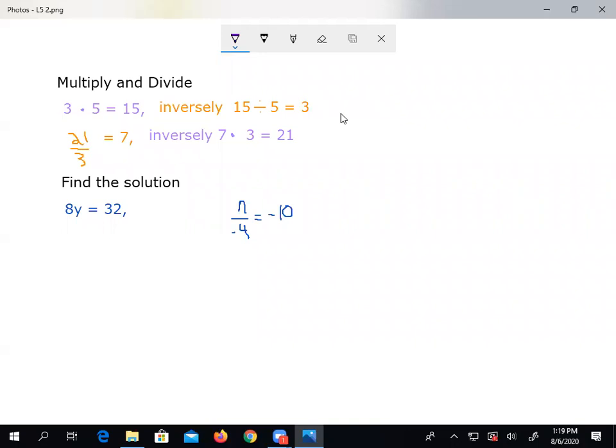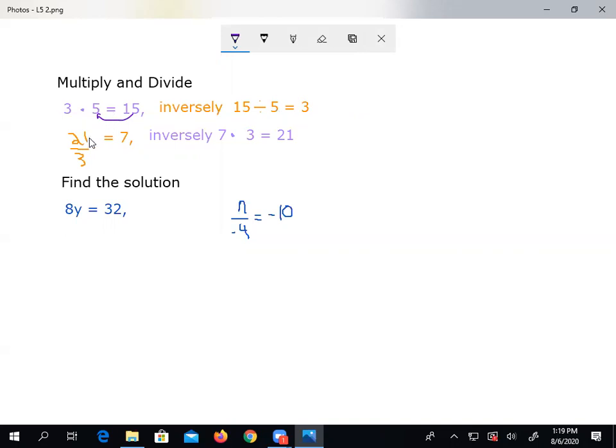So let's look at when we multiply and divide. If I look at 3 times 5 is 15, inversely, which means to go backwards, I could say 15 divided by 5 is going to be 3. So each multiplication statement is going to have an inverse direction, which creates a division statement.